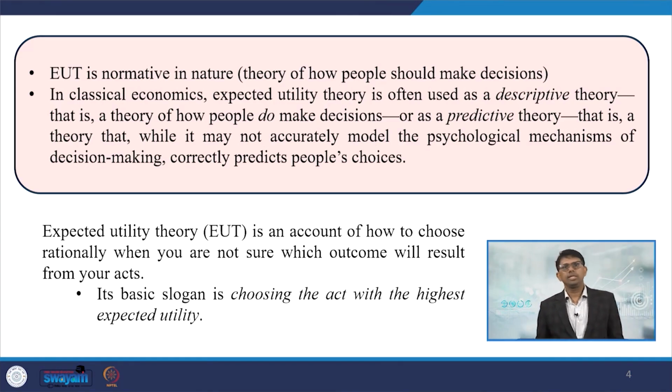So, the EUT is an account of how to choose rationally when you are not sure which outcome will result from your acts. Its basic slogan is choosing the act with the highest expected utility.